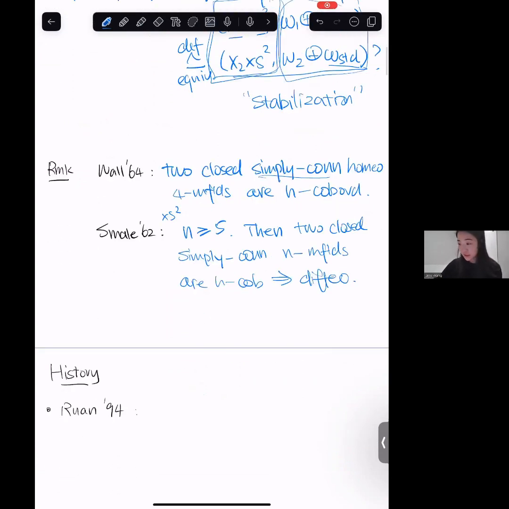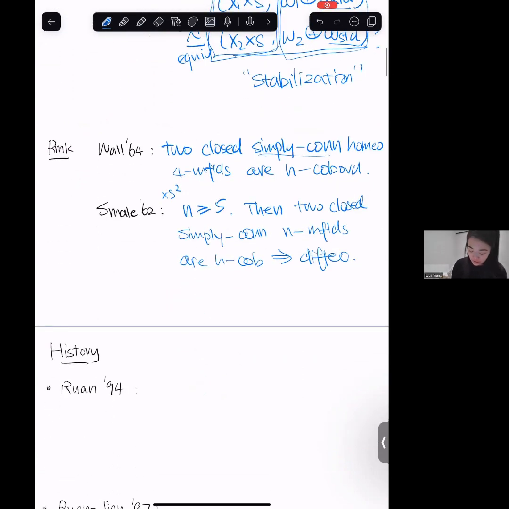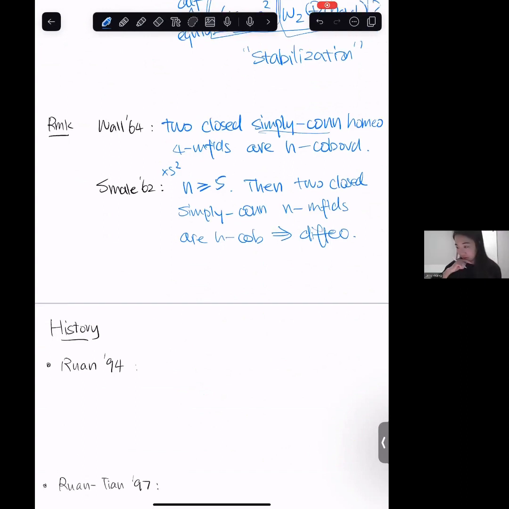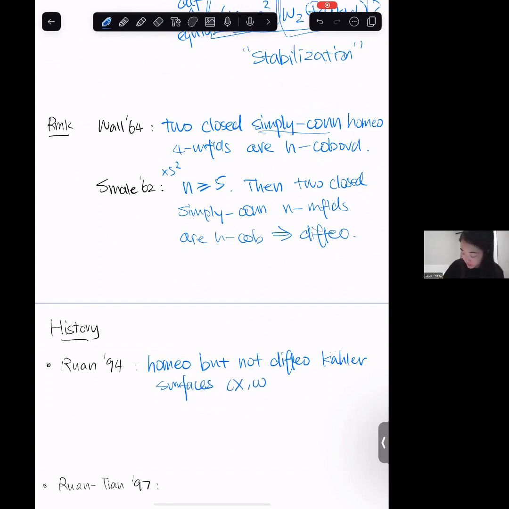So maybe a bit of history. This was considered at first by Ruan. He showed that there exist examples of homeomorphic but not diffeomorphic Kähler surfaces. One of them is CP2 blown up 8 times, and the other one is the Barlow surface.